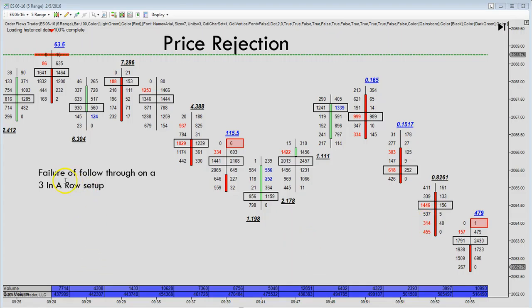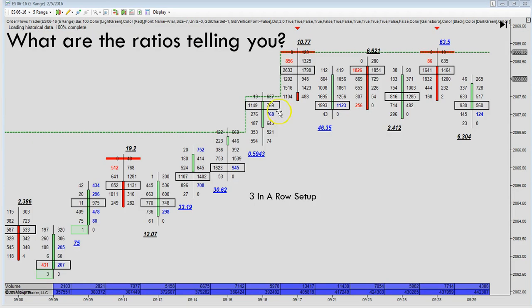I'd consider this a failure of a 3 in a row setup. However, even though it failed, you did have a sign that this trade is not going to work out when you see this ratio here. If you have a setup and then you see opposing order flow coming in, get out. Don't wait for the market to stop you out.